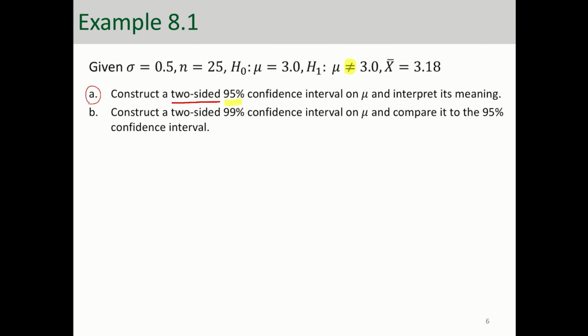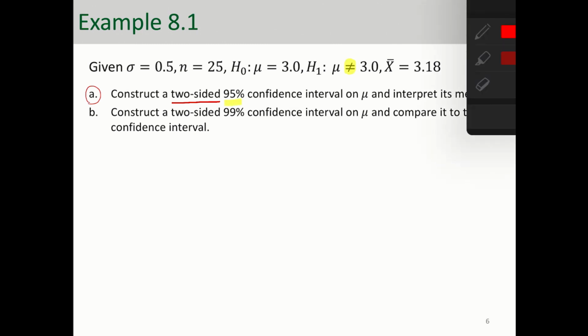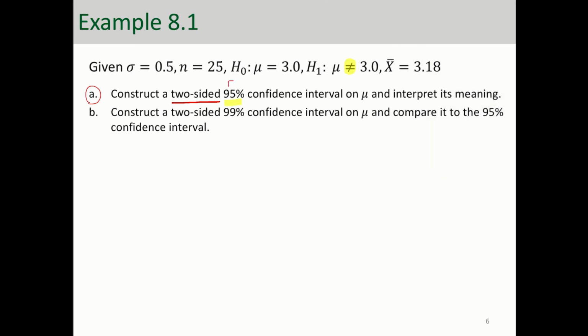Also, it's a 95% confidence interval. Well, that means 1 minus alpha is equal to 0.95, which means alpha is 0.05. So let's try to construct that confidence interval here, part A.